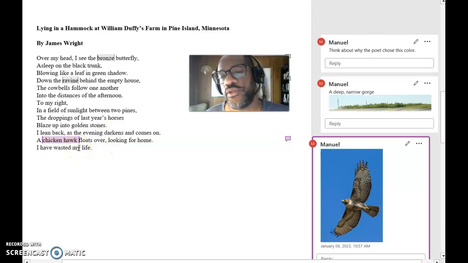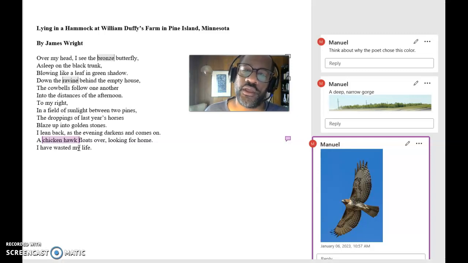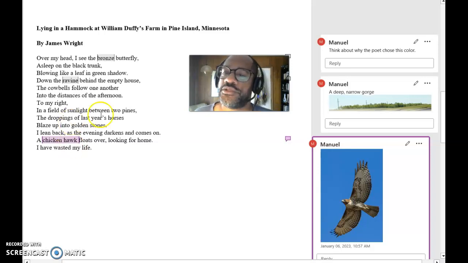And that's what I want you to be looking for in your poems, the ones that you're ultimately going to be writing. Be thinking about how you can use those images to help us understand the emotions you have. How is it that the place helps us understand something about how you're thinking about your life? So keep that in mind.